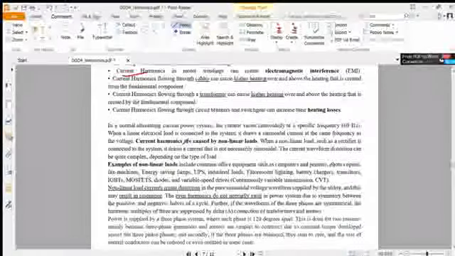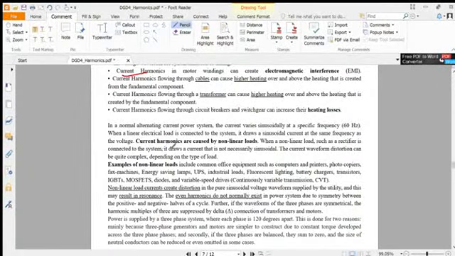Now let's make a difference between current harmonics and voltage harmonics. Normally in a power system, when the load is linear, a sinusoidal signal of 60 hertz voltage is applied. When a linear electric load is connected to the system, it just draws a sinusoidal current of the same frequency. But current harmonics are caused by nonlinear loads, as I said earlier.